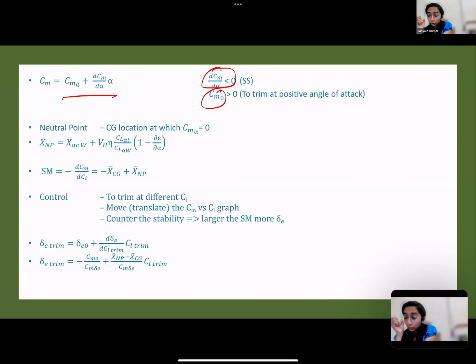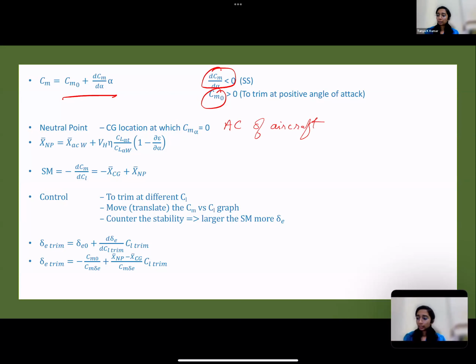Neutral point is defined as the CG location where Cm alpha is 0. That is, pitching moment is independent of angle of attack, similar to aerodynamic center, so the AC of the aircraft. Neutral point is nothing but the AC of the aircraft. Then we derived the location of the neutral point. So this is the equation. Then we studied something known as the static margin. Static margin is the quantity that tells you how stable your aircraft is longitudinally.